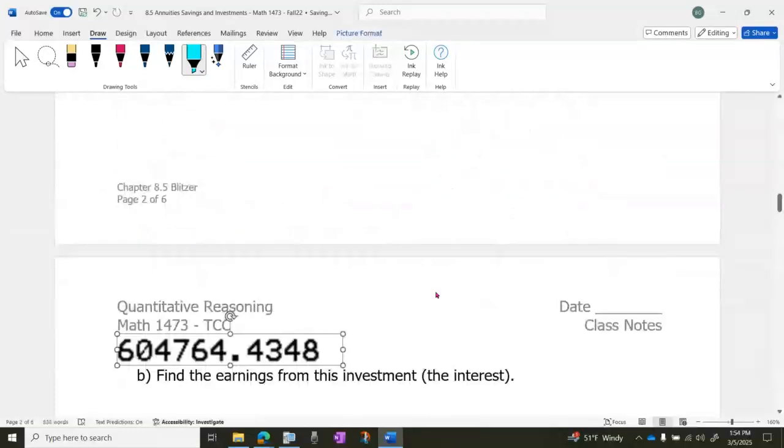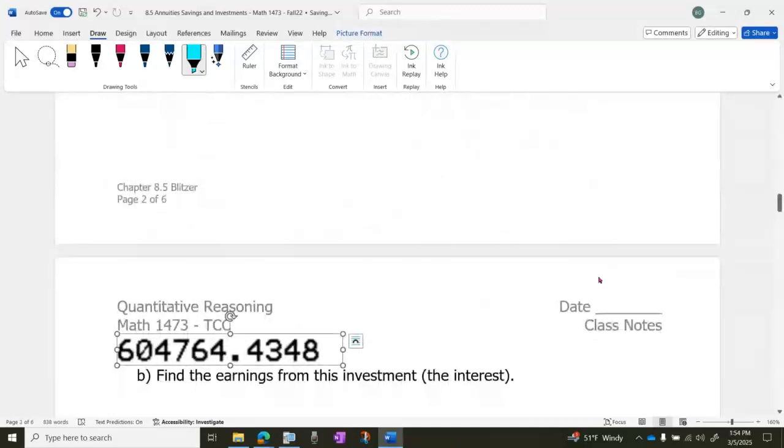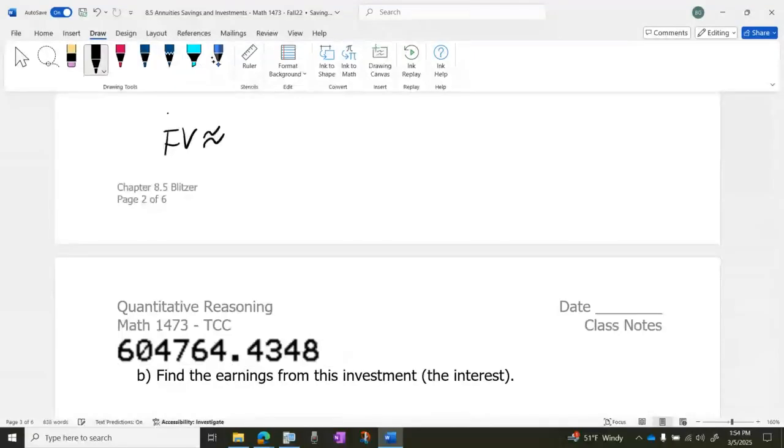So the future value of the annuity, if we round it to the nearest cent, is $604,764.43. Round it down because this 4 is less than 5, right?